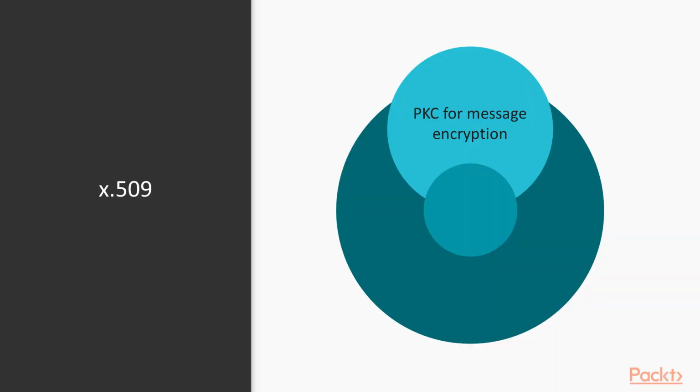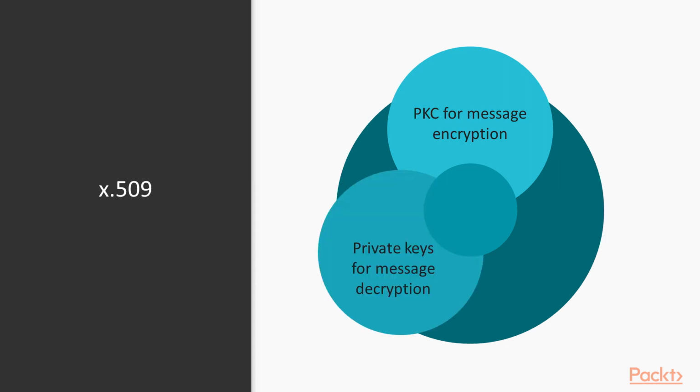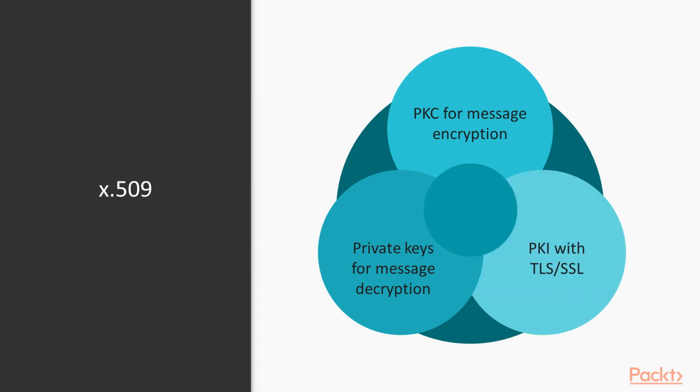The next authentication mechanism we will be looking at is the X.509. The X.509 defines the public key certificate which is used to encrypt a message. It also defines the mathematically related private keys which are used to decrypt the message, thus forming the basis of HTTPS as well as TLS and the SSL.